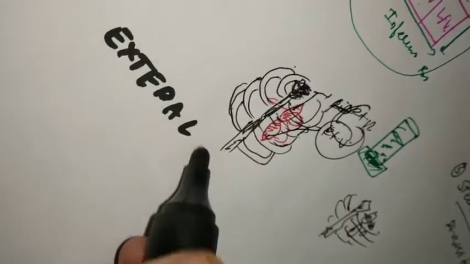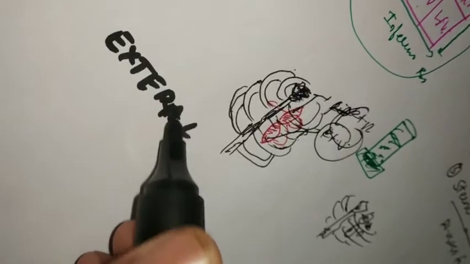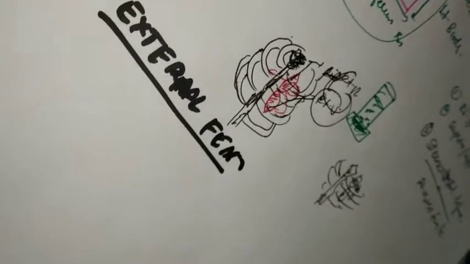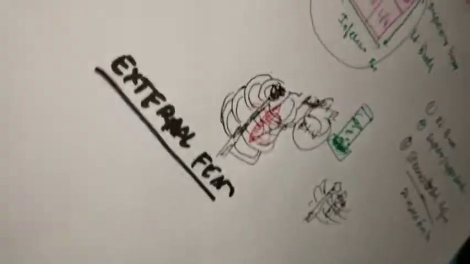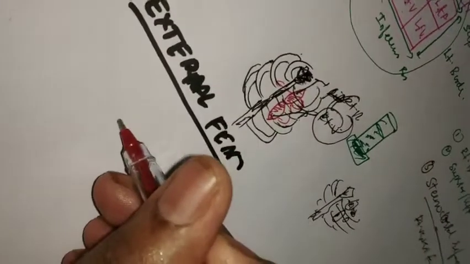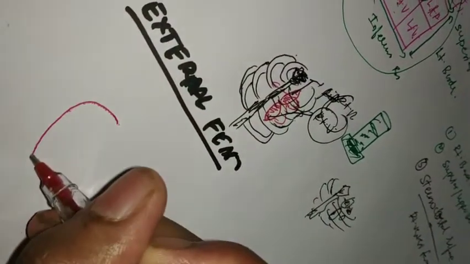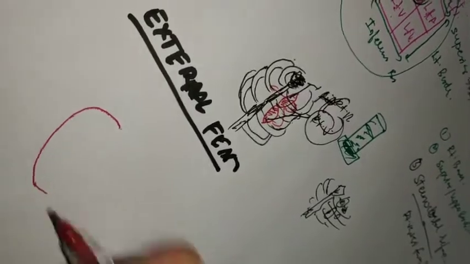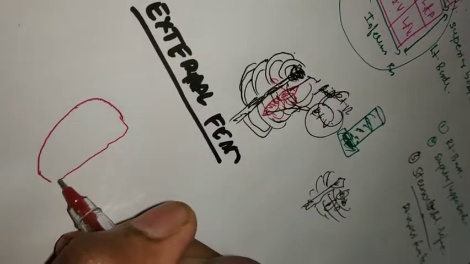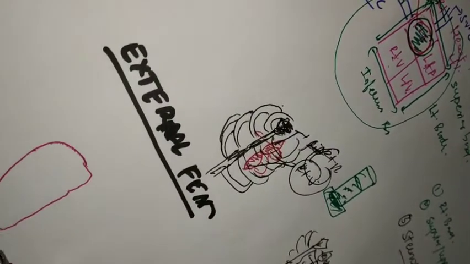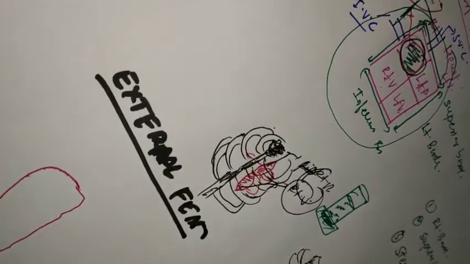So we are going to see the heart from the outside. Consider this is your right atrium. I'm just showing you the anterior view.